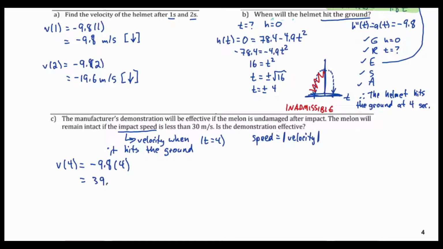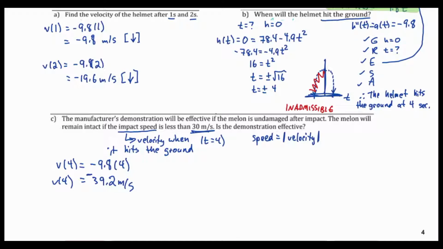Uh-oh. That's concerning, potentially. So velocity at 4 seconds is 39.2. And what are our units? They are meters per second. These are also meters per second, so we can compare directly. And this was a negative value. So the negative value just means that it's going down.